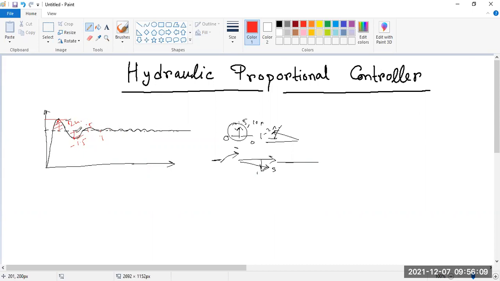So if there is the lower limit, it goes to the undershoot, and it goes to the overshoot. If I put some damper over here, or some mechanism which will oppose this rippling, then what happens?